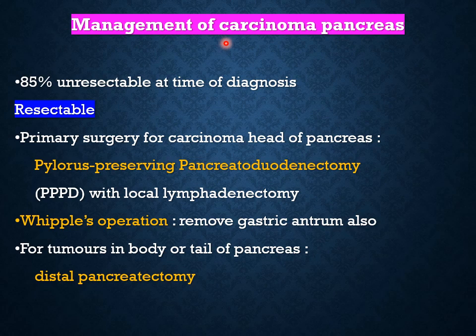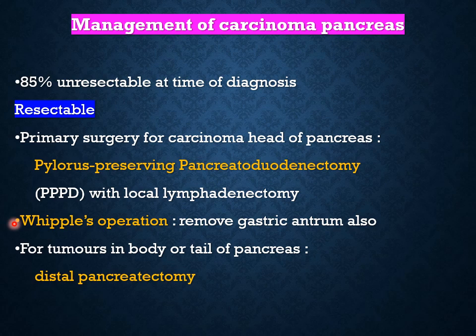Now we come to the management of pancreatic cancer. 85% of pancreatic carcinomas are unresectable at the time of diagnosis. If resectable, the primary surgery for carcinoma of the head of pancreas is a pylorus preserving pancreatoduodenectomy, PPPD, with local lymphadenectomy.